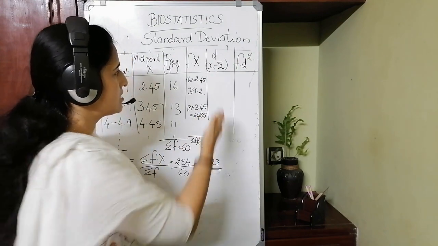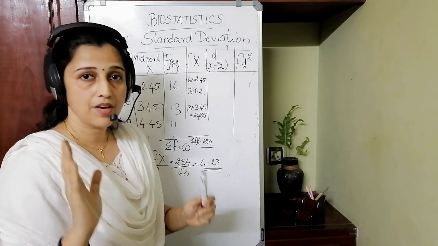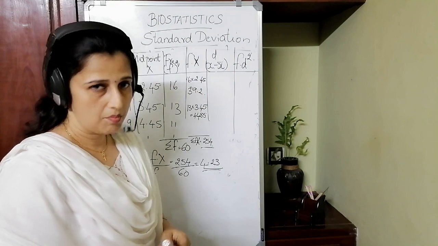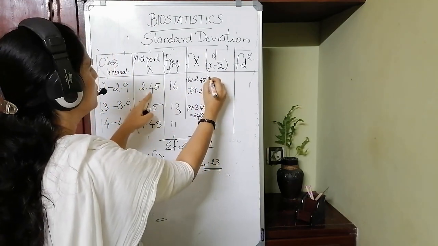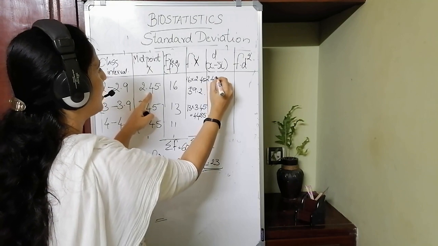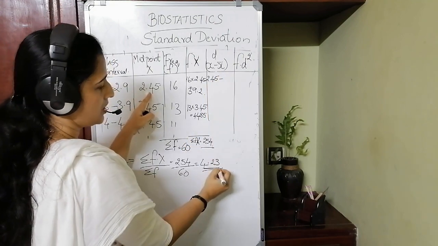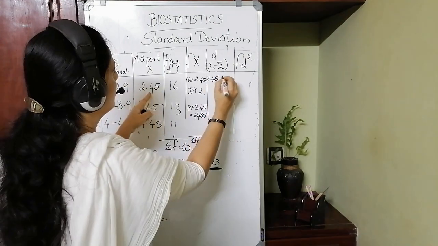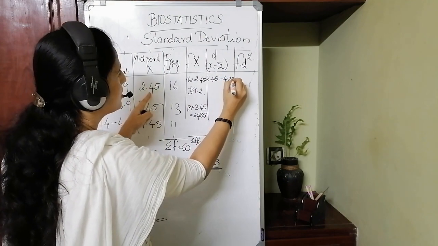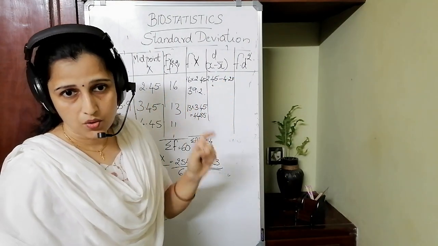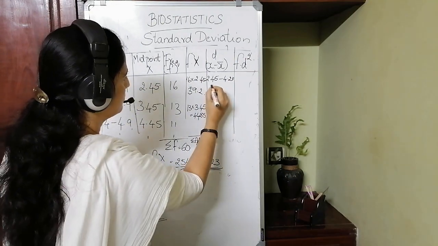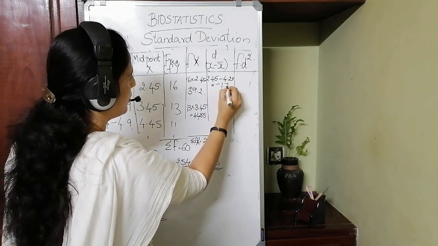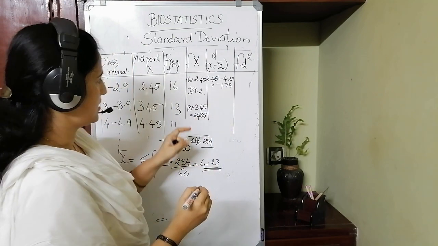So next part here is to find the deviation. Deviation is variable minus arithmetic mean. So here x is 2.45 minus the arithmetic mean 4.23, that is equal to minus 1.78.